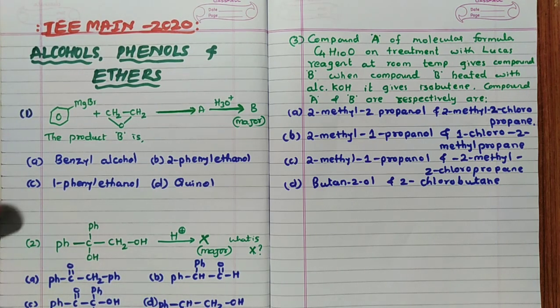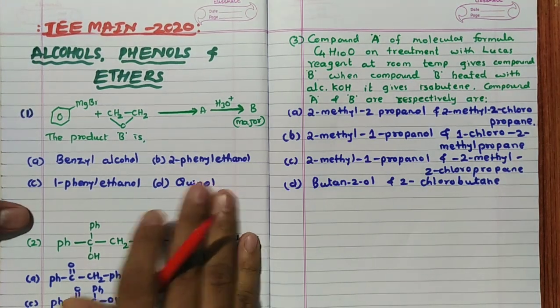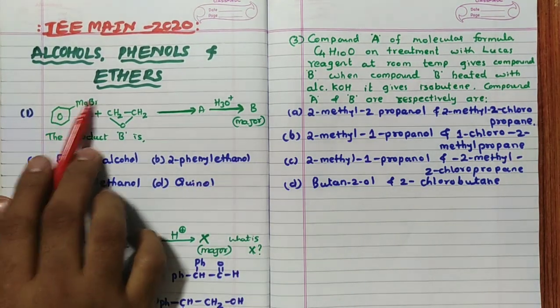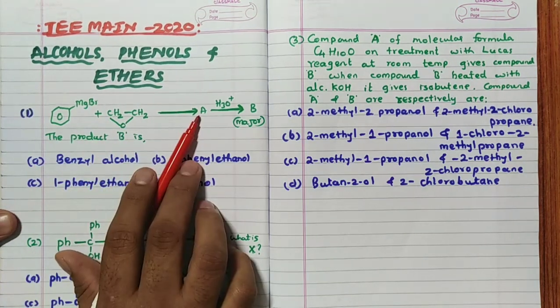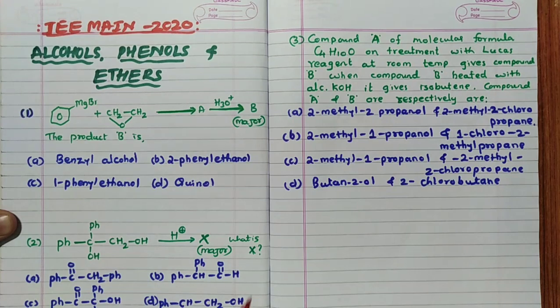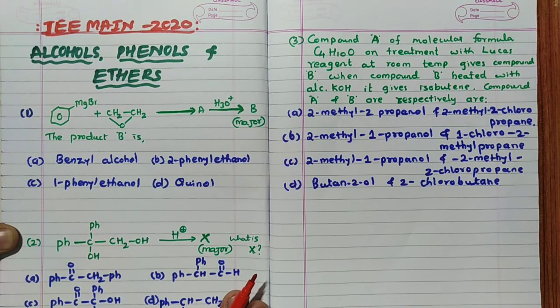In this particular case, the first question: C6H5MgBr, Grignard reagent, reacts with CH2O forming A, which on hydrolysis forms B. They are asking for the major product. Remember the very simple, very important Grignard reagent concept.